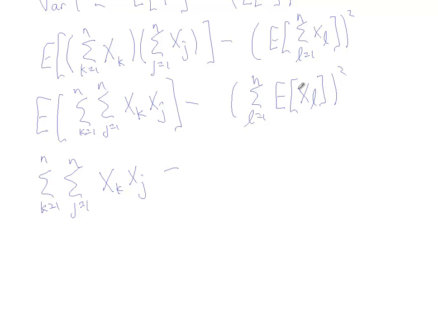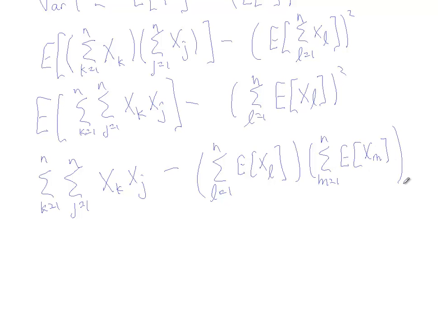Well, let me write this again as a product of two identical sums. I'm running out of indices. I guess I can use m. Okay. And now I can write this also as a double sum.